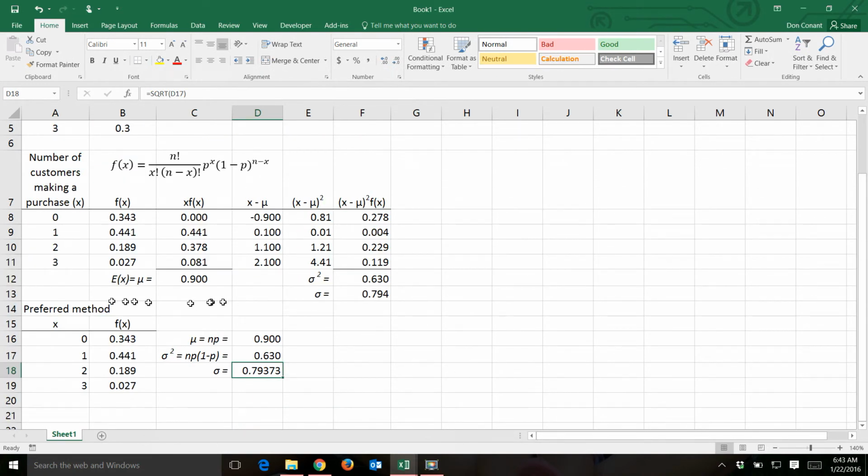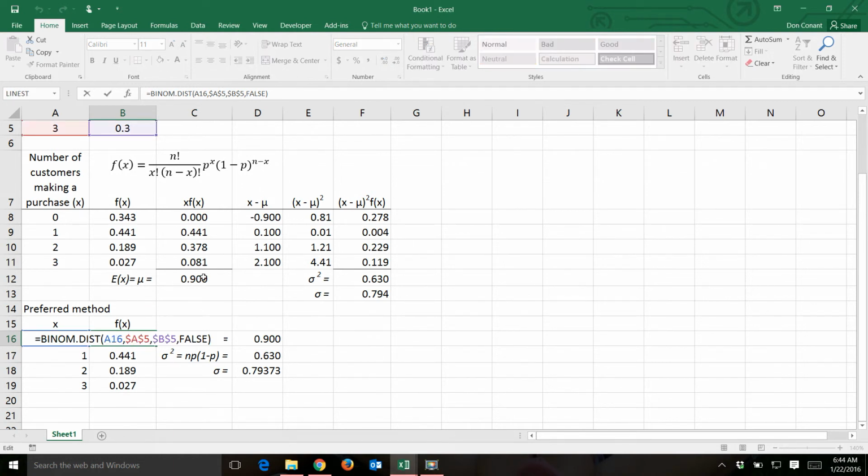There are a couple of ways to go about this. This one, many more steps, many more opportunities to make a mistake. Takes you longer to do it. Or using the Excel formula for the binomial distribution, entering those values and just letting Excel return the value. The binomial distribution is a discrete distribution, therefore the equal sign has meaning.